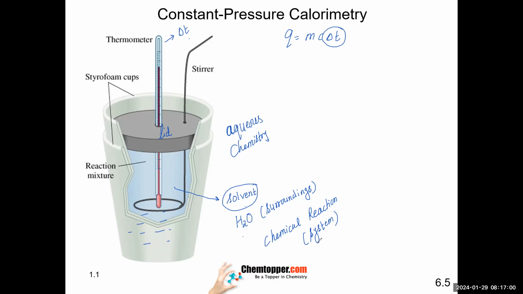Reaction is the part which you are observing. Your aim is to calculate delta H of the reaction, right? And this Q, which we are going to calculate in the cup calorimeter, is Q of the water, meaning surroundings, which is equal to mc delta T, where m is the mass of the complete material there, the mass of the solution.